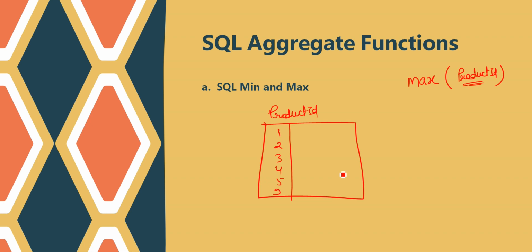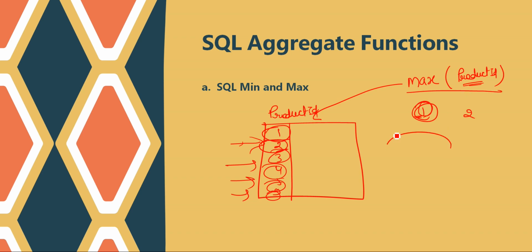Now again, what it is going to do is first go to this table and store the value 1 one by one. Then it is going to consider the next one, evaluate it, and a comparison will happen. If it is greater than the current one, it is going to be updated. All of the rows are going to be checked, and whatever maximum value it gets, it is going to return that value.